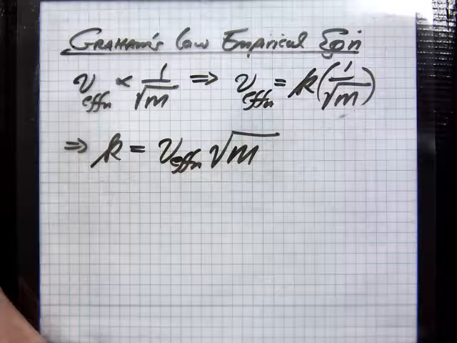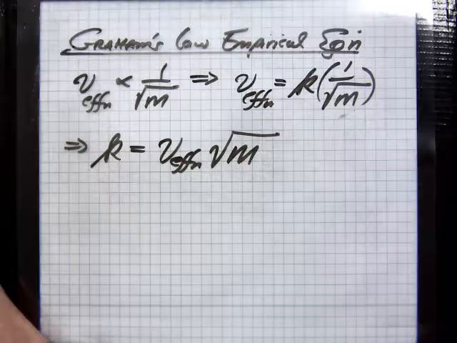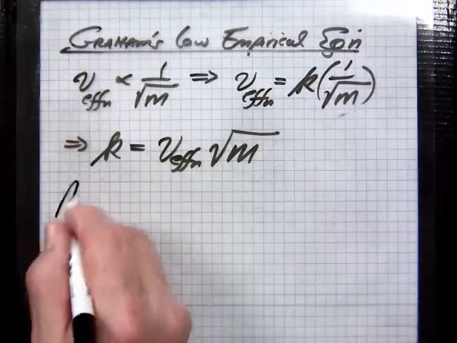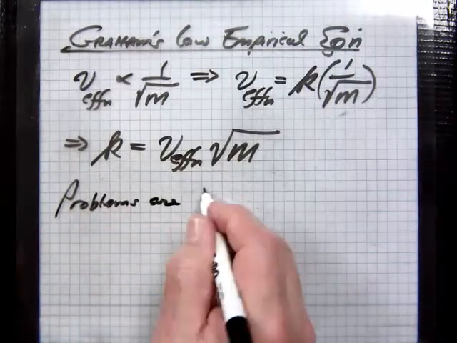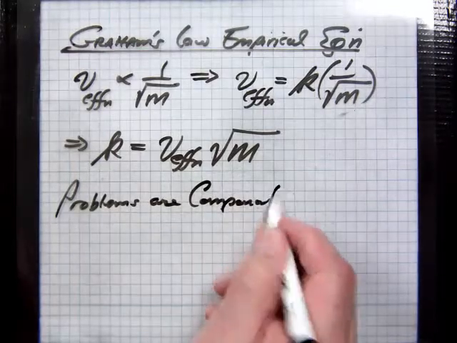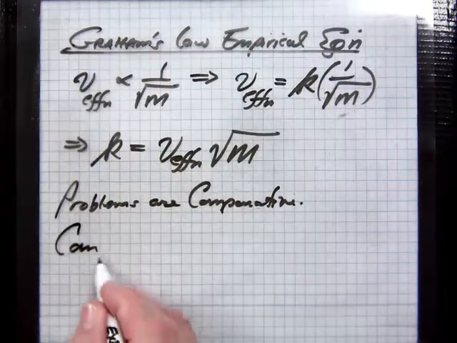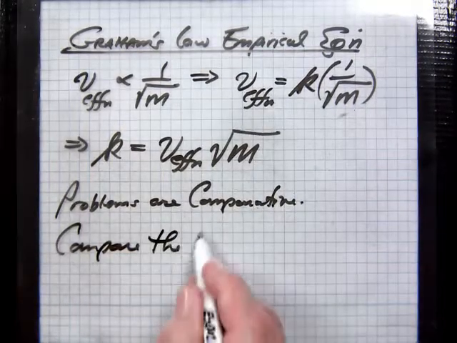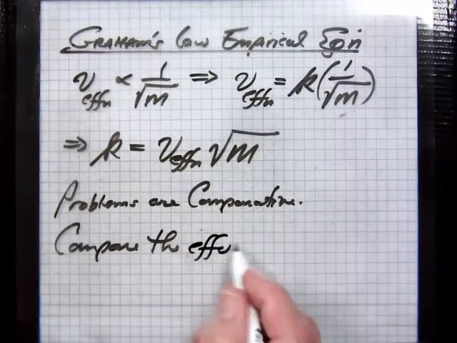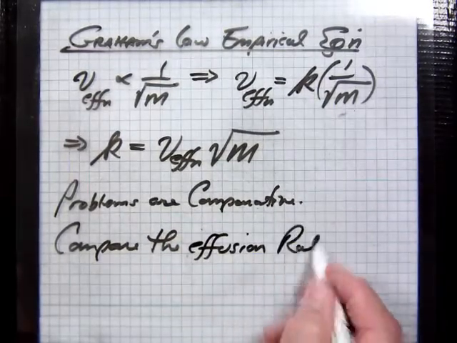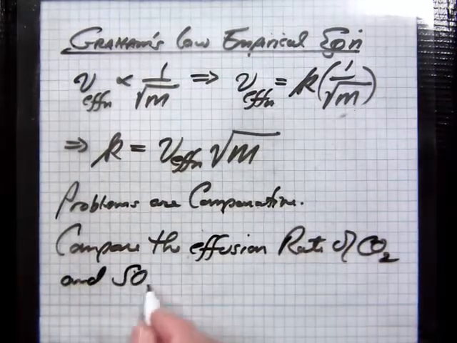Now, in this form, problems that you will receive are comparative. Now, what does that mean? That means compare the diffusion rate of CO2 and SO2.